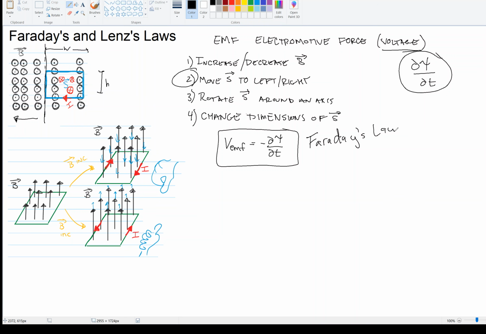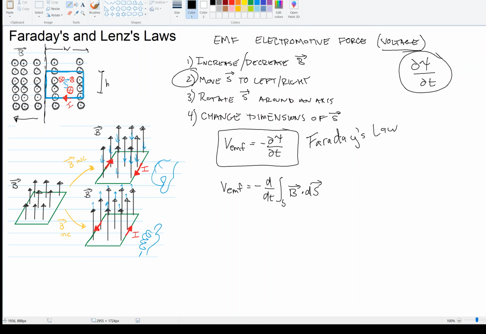And Faraday's law has many different forms, and we'll get to those forms actually right now. So remember that flux is related to the magnetic field B and the area. So we can write the induced voltage like this. The flux is the integral of B dot ds.